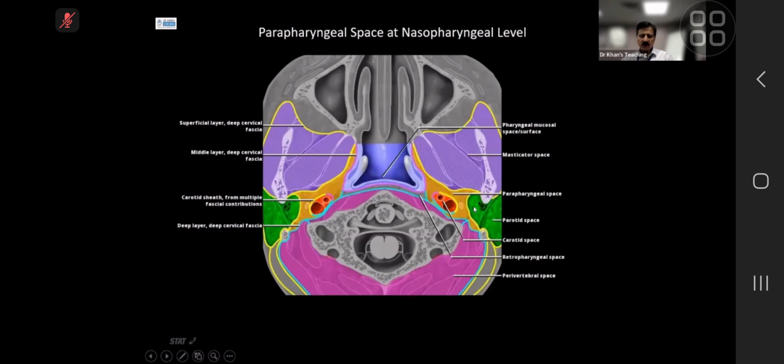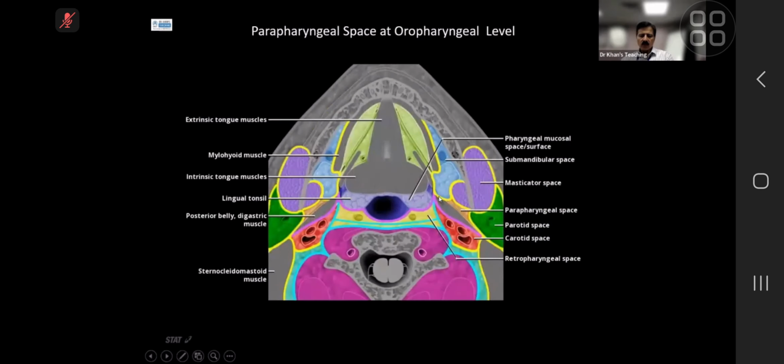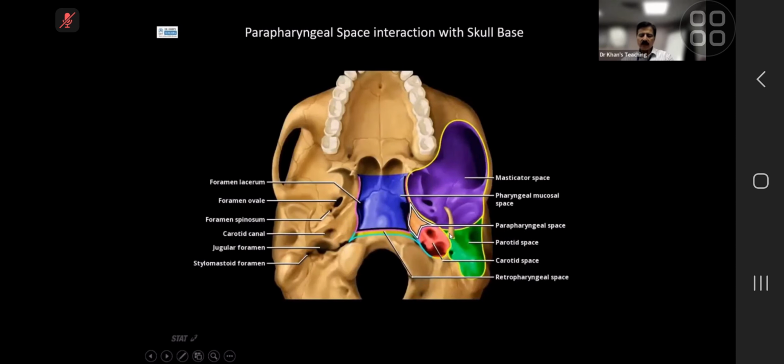Now, parotid space is lateral, and the carotid space is posterior. As we go to the level of the oropharynx, you can see that the parapharyngeal space is attenuated, and then it finishes at the level of the submandibular space.